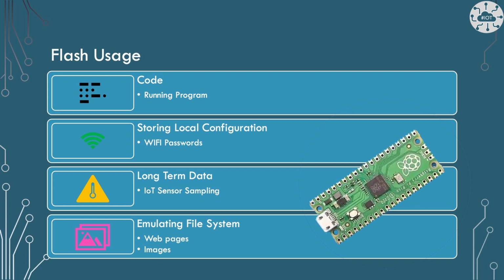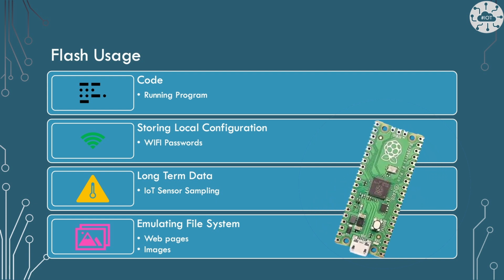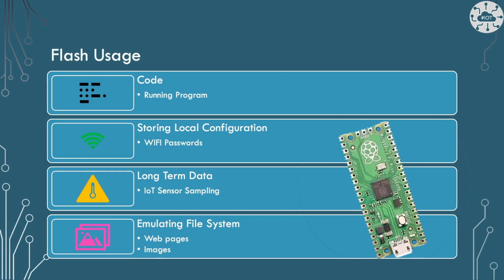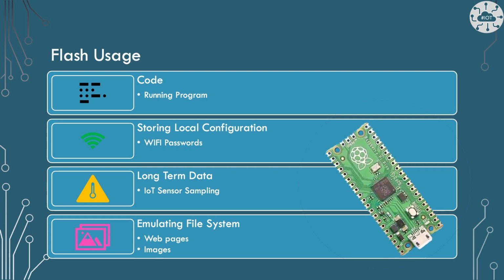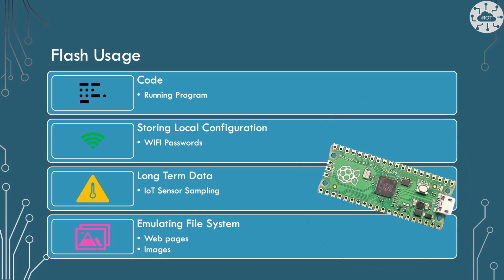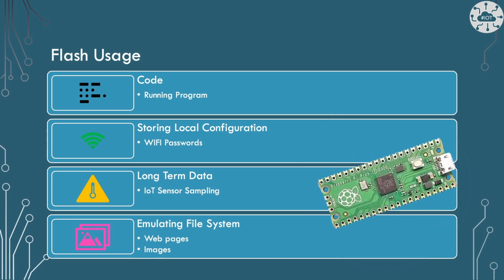Perhaps in some IoT projects that have dodgy connections to the internet, I might also want to look at actually sampling data and storing my sensor data within Flash, and then when my internet connection comes back online, actually sending it all in one go.